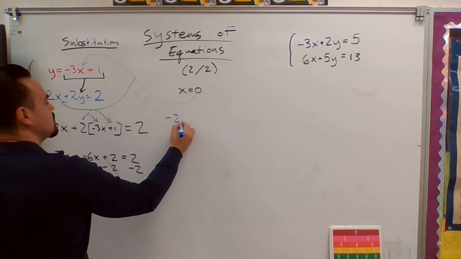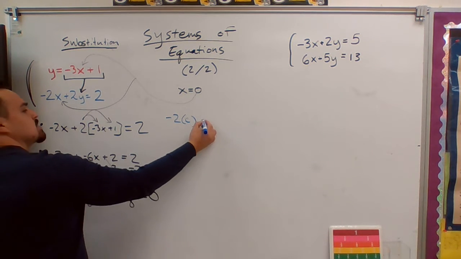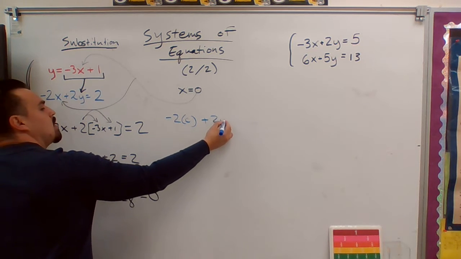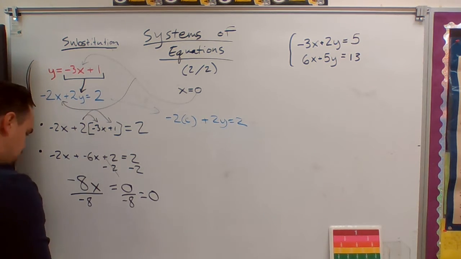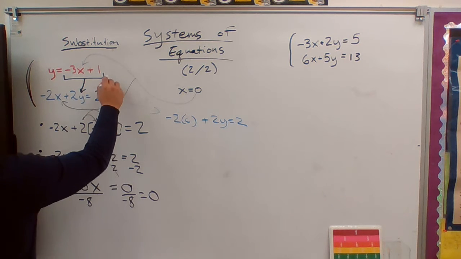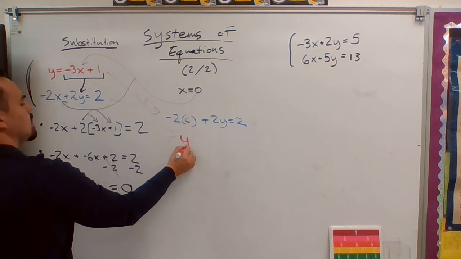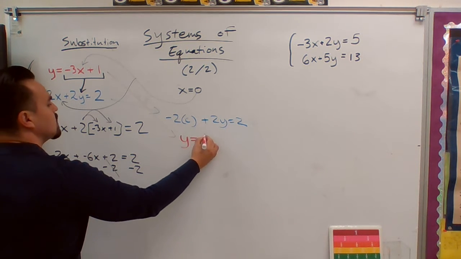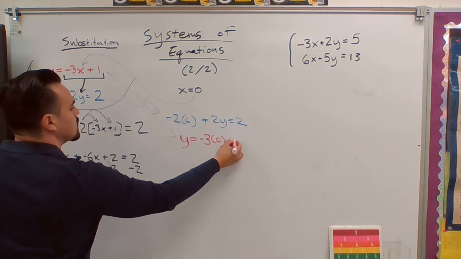I got negative 2 times x, which is 0, plus 2y equals 2. That's this blue one. Now the red one, that's going to be y equals negative 3 times 0 plus 1.